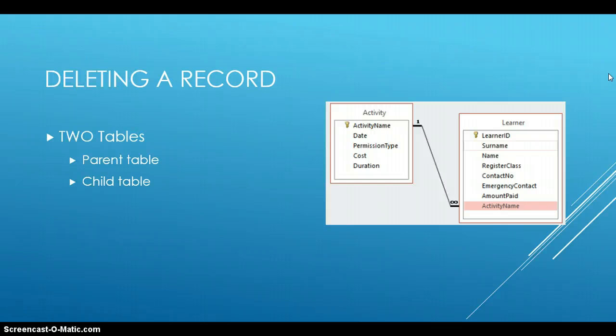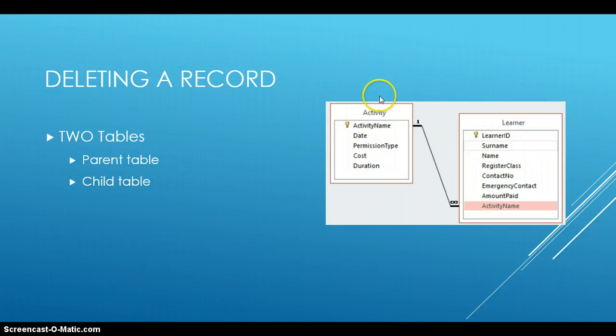Because if I delete, for example, an activity called snorkeling, then that will be removed from the activity table, and then you've got to ask yourself, well, there might be learners who have signed up for snorkeling, and now your data is inconsistent or the integrity is gone because now it has activities listed which do not exist in the other tables.